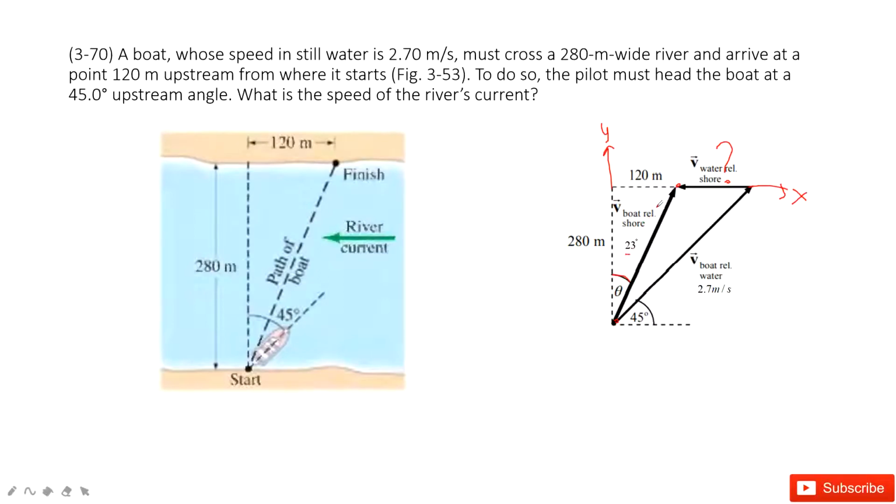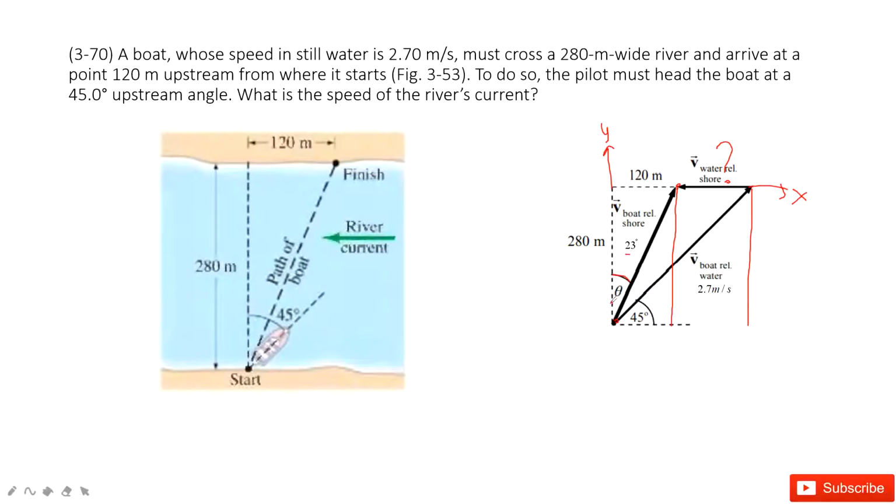Sure, because we can look at the y component. We can project this velocity onto the y component, it is this one. And we can also project the velocity of the boat relative to the water onto the y component, this one. See, these two must be equal.